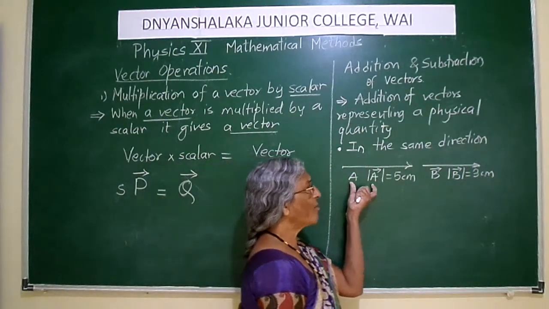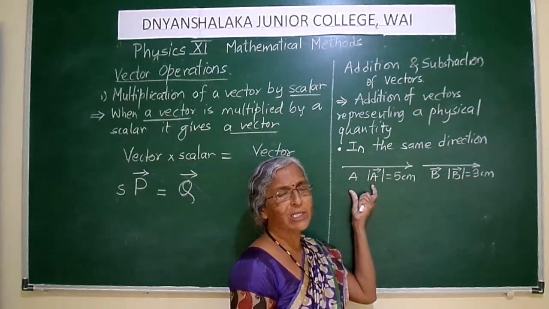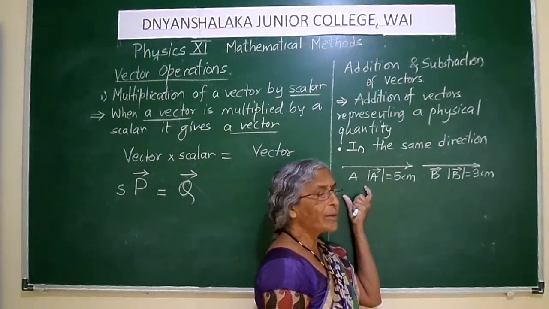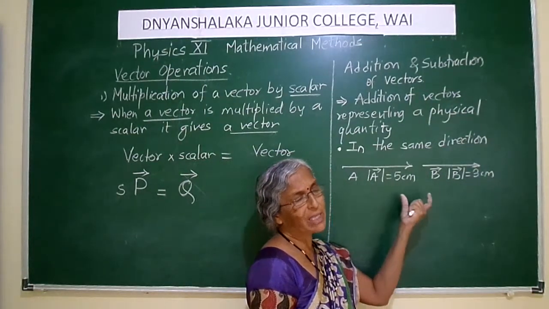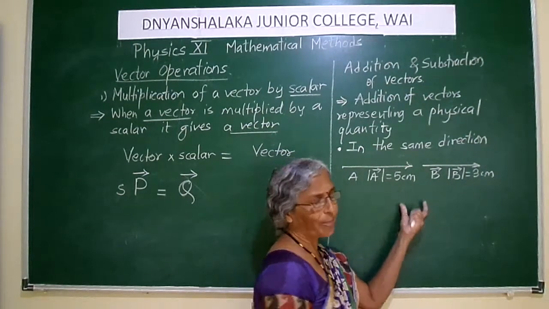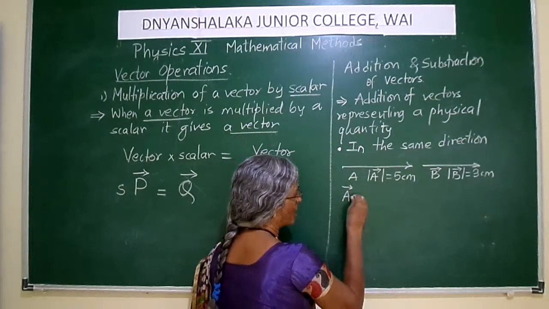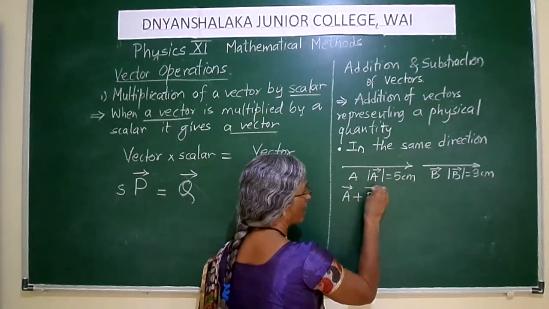Now these are vectors representing the same physical quantity, that is displacement. Their magnitudes are different but their directions are the same. Then I will add these two vectors as vector A plus vector B.